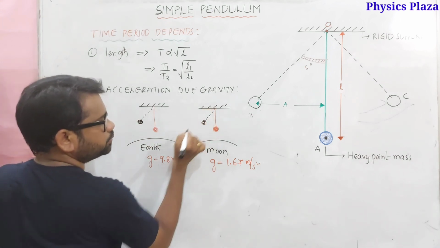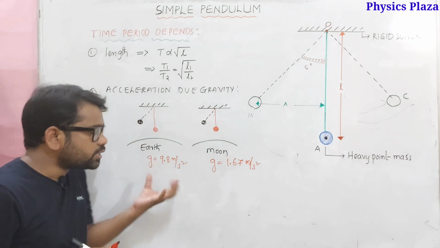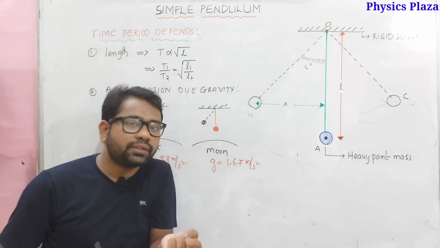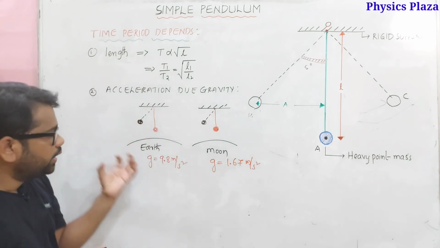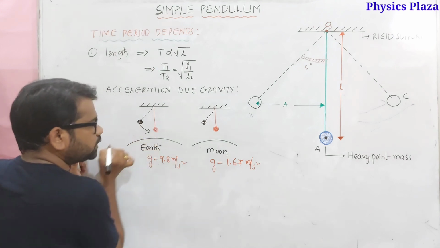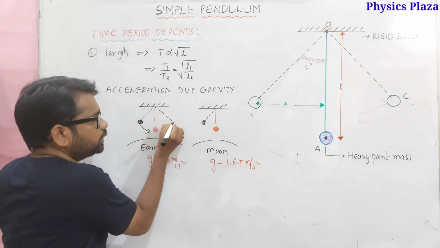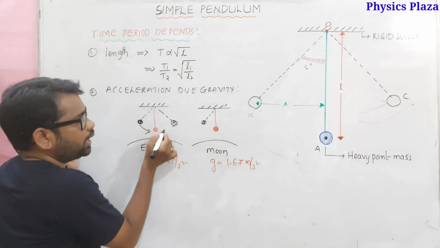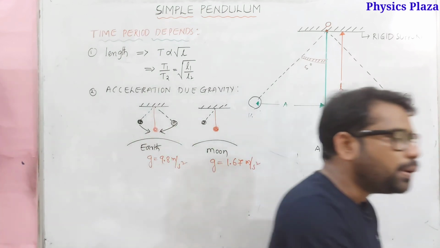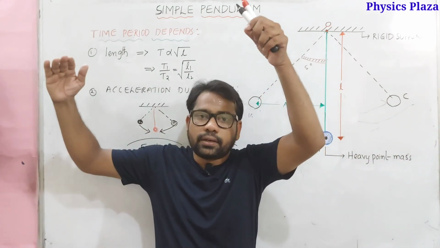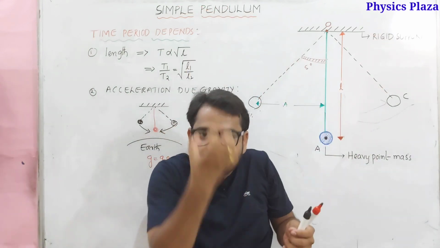Try to understand here: in the case of earth, as the strength of gravity is more, when it is taken to the extreme ends, it is pulled towards the mean position. When it goes to the right side, again it is pulled back because gravity is more.